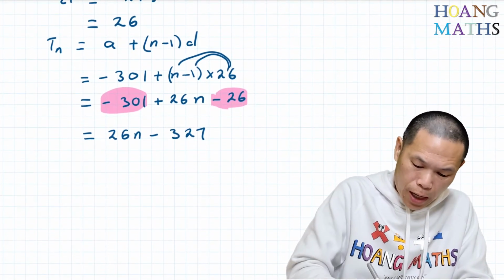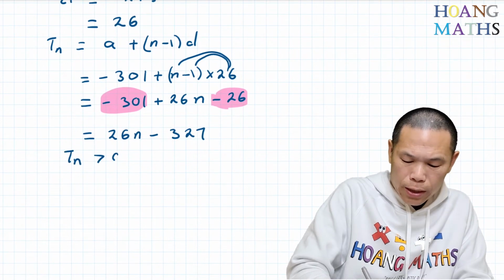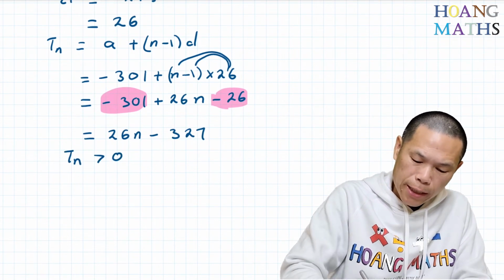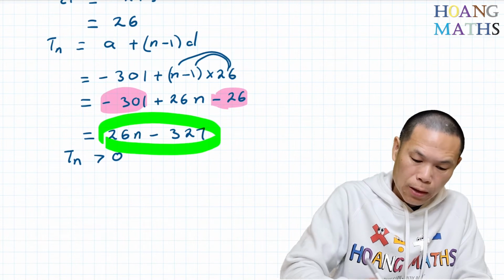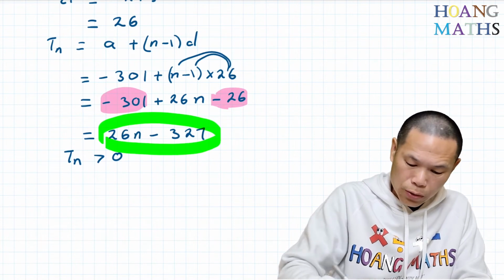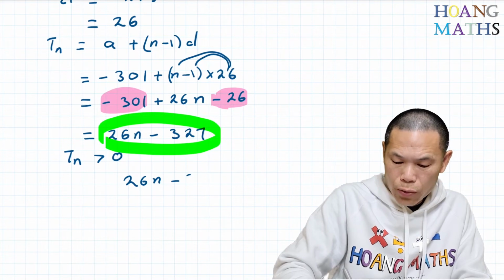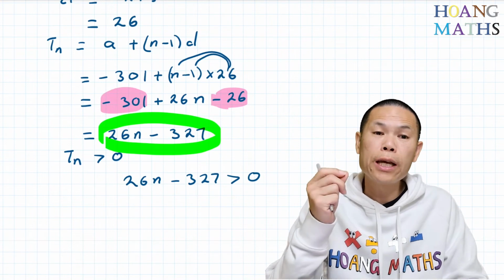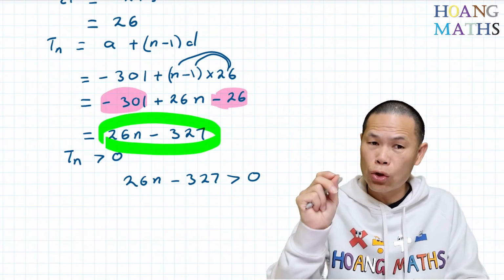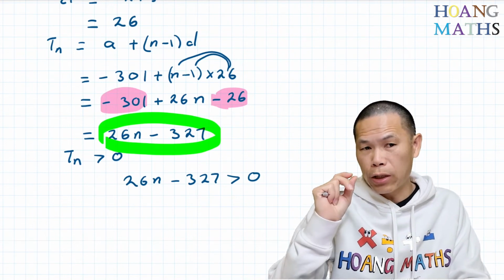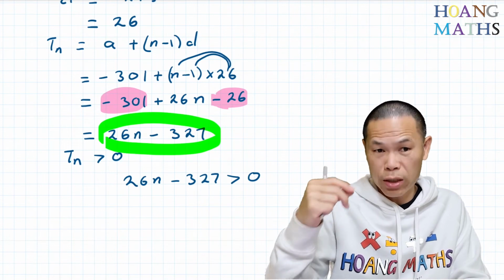Tn is greater than 0, but we know that Tn is this. So therefore, we just write 26n minus 327, which is greater than 0. So instead of writing greater than 0 and solving it, I can also make it equal to 0, then interpret it from there.